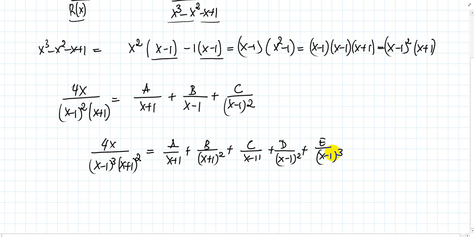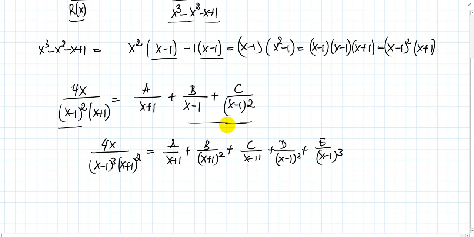So let's find a, b, and c, and we can try to add them, and you will see that we can find a, b, and c so that the numerator will be equal to the 4x. So if one of the factors is repeated twice, for example, then you need to have 2 terms for this x minus 1. Okay? So let's find a, b, and c.